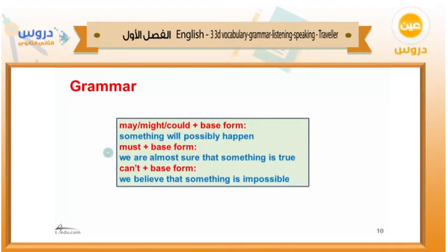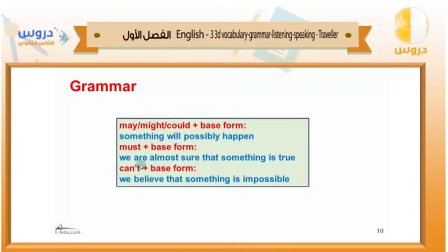Number two, we use must and the present or the base form when you are almost sure that something is true or is a fact or law or something unquestionable. For example, you must pay the bills. Okay? You must pay the bills. You must obey your parents. You must pray. These things are unquestionable and they are facts. They are true. So we can say must, base form of the verb: must play, must drink, must watch, must eat, must sleep.